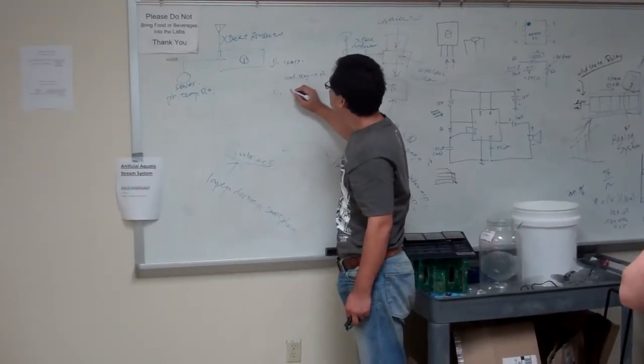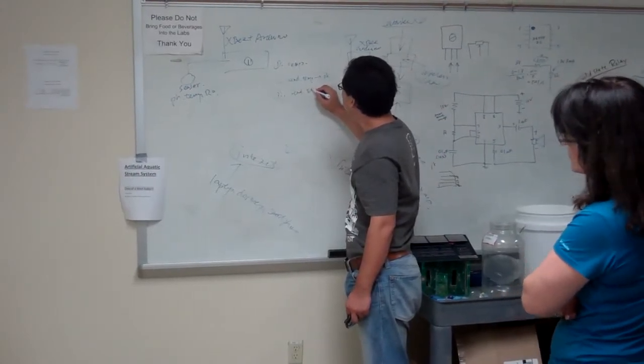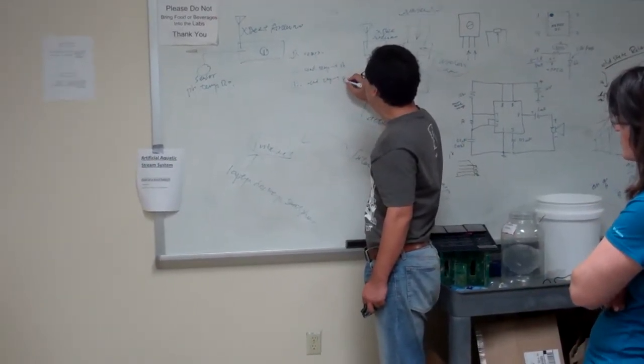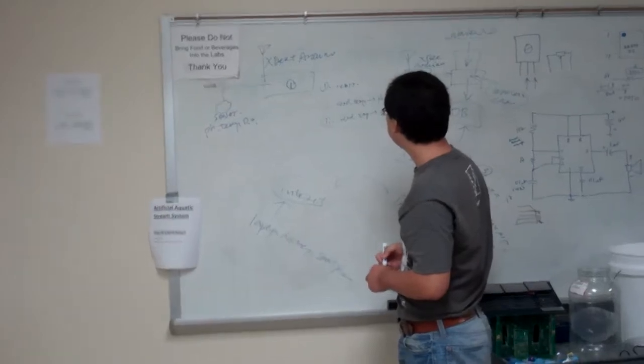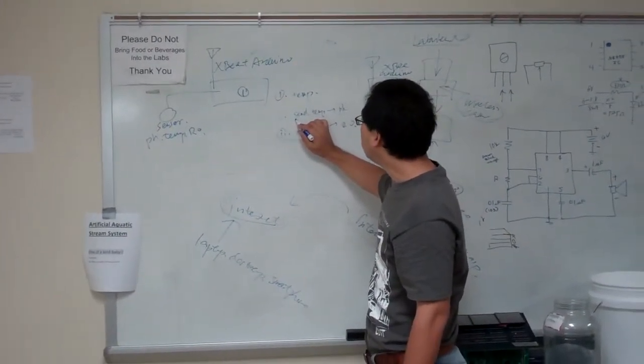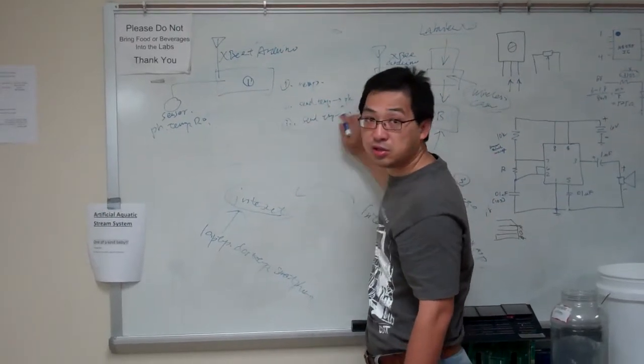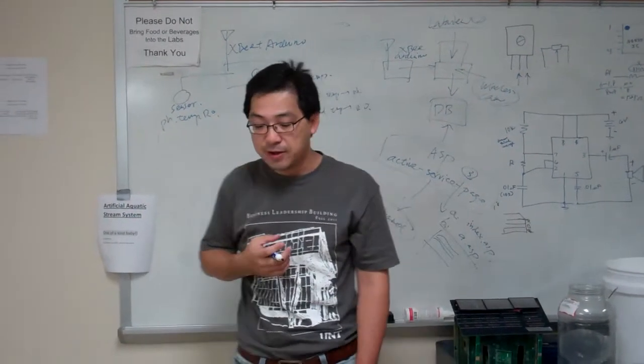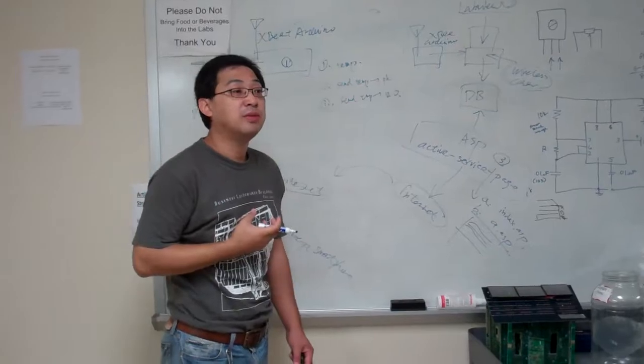The third part, send temp to DO. The goal to send the temperature to pH circuit is to get the temperature compensation.